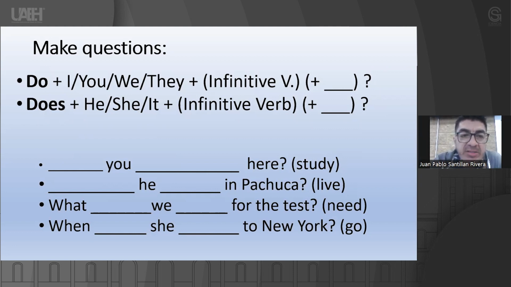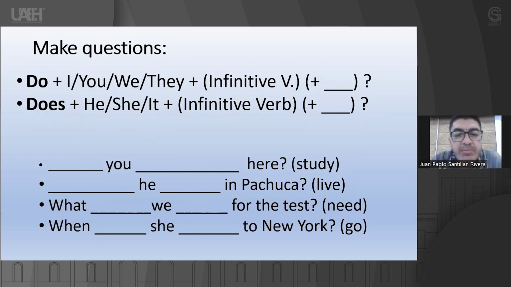And we use does, plus he, she, or it, plus infinitive verb, plus something. Okay, this is very, very important. Something that we have to notice is that in the first place, we have the particle do, does, in the question.